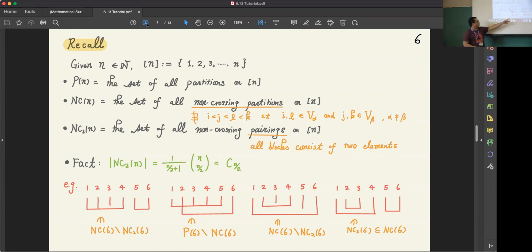How about the second one? This one is obviously crossing, so this one is in P6, but not in NC6. And the third one is also non-crossing, but we have 2 singletons, so it's not a pairing. So it's in NC6, but not in NC2 of 6. And the last one is a non-crossing pairing.